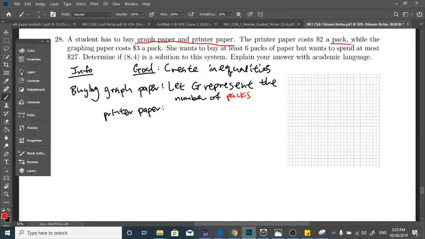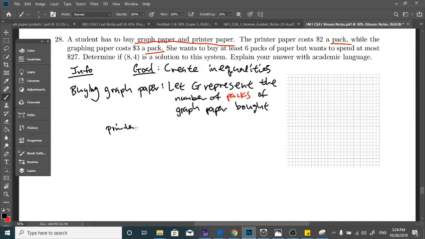So why am I putting that? A pack. Un paquete. Pack, paquete. So it's just one unit. That's how we are counting it. So it says $2 a pack. Dos dólares por paquete. So G is the number of packs of graph paper bought. So I'm gonna erase this just for space. Okay, I'm just gonna put printer paper.